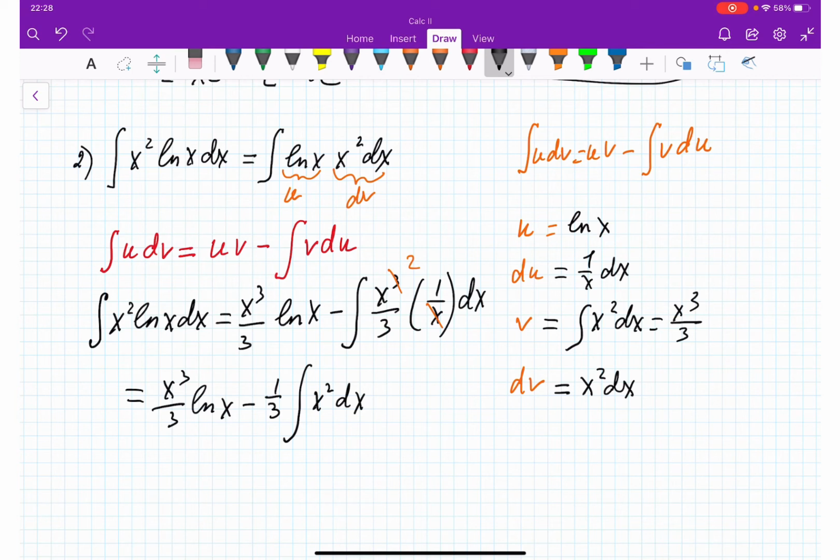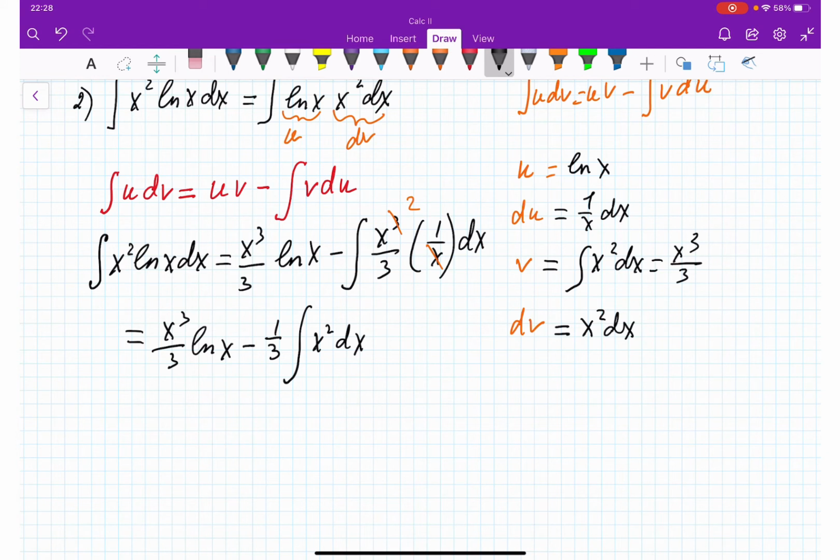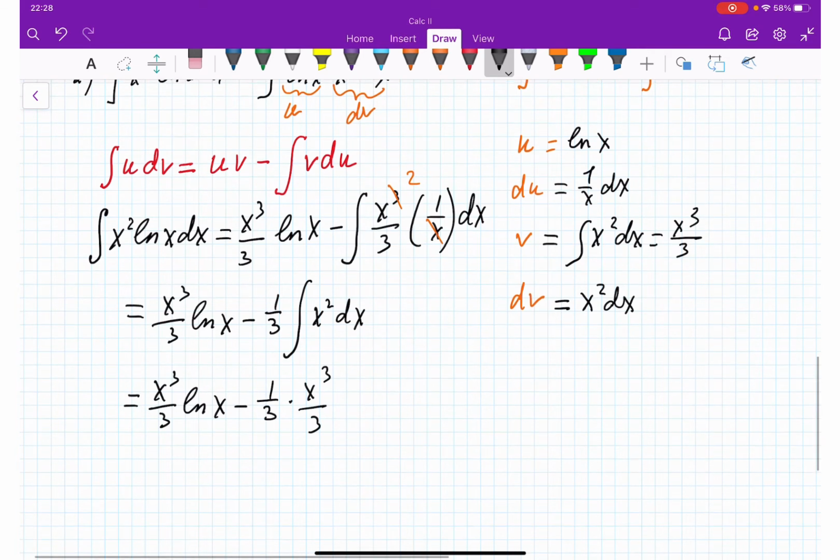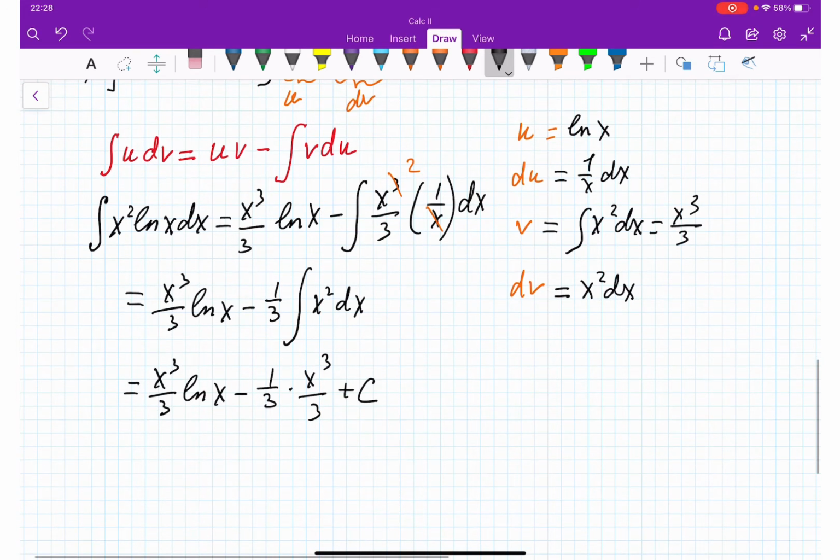It's no headache with integral, very easy, solvable. So it's equal x cubed over 3 natural log x minus 1/3 times x cubed over 3 plus c. Which is equal x cubed over 3 natural log x minus x cubed over 9 plus c.